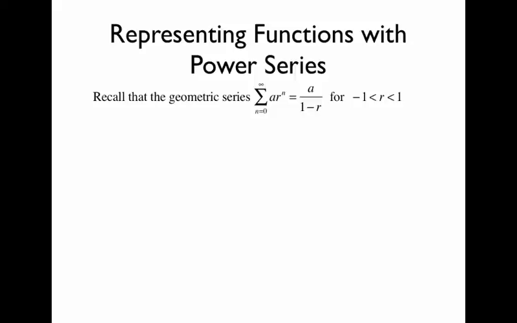And remember, when the geometric series converges, when r is between -1 and 1, the sum is a over 1 minus r. Okay, remember that? And this is the key to writing functions as power series. We get our function to look like that. Then we can write it as a geometric series.